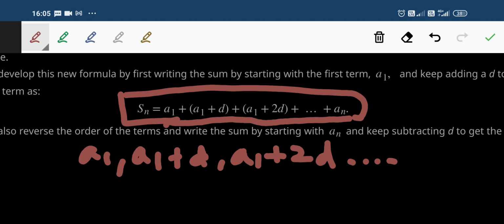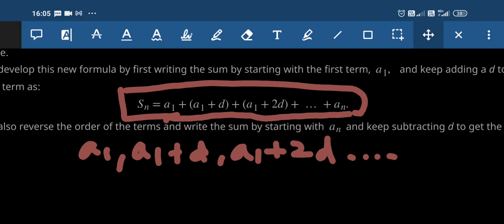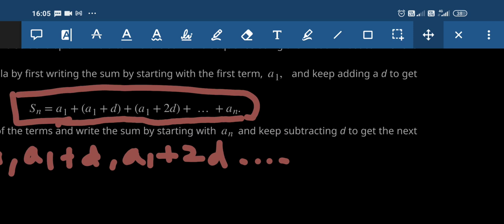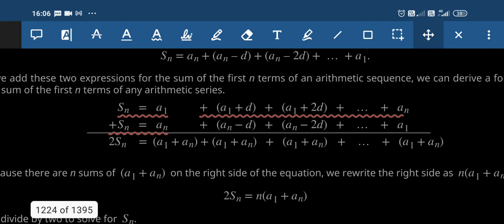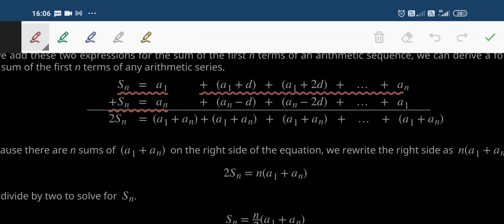Now if you want to find the formula for this, there's a small derivation. Let me show you that derivation. We have Sn equal to the same thing that we've just written down. In the second equation, we are again writing the same thing but from right to left.